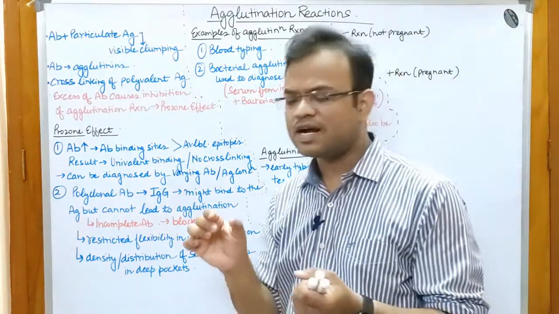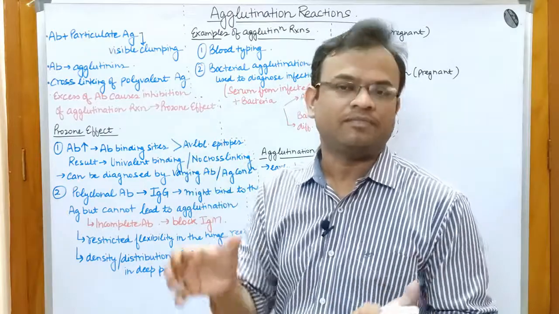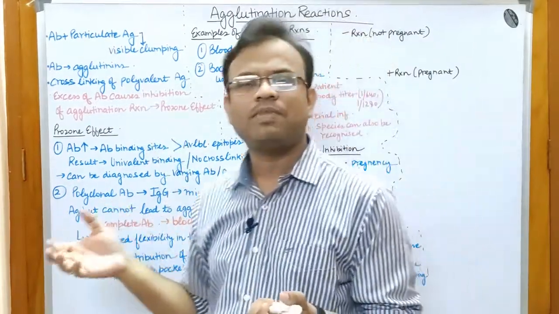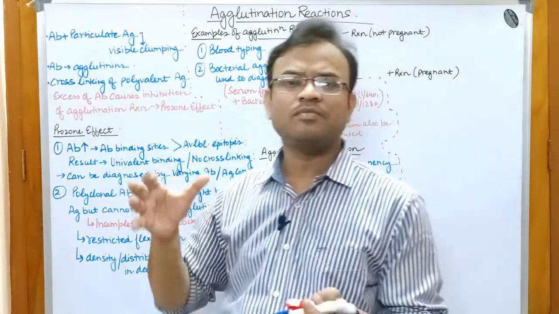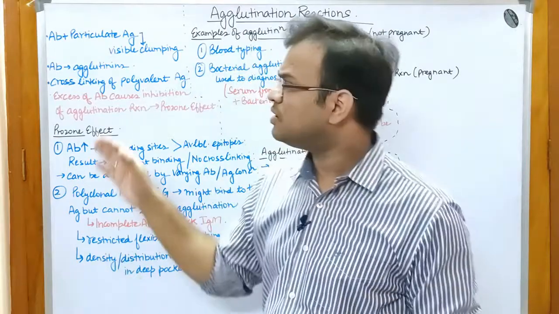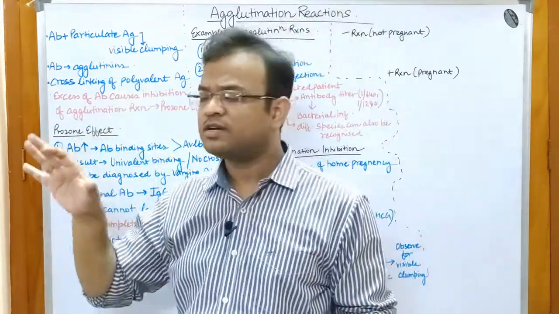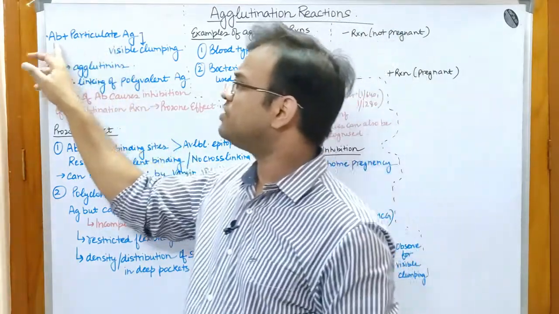Particulate simply means like a particle. Particles would not be soluble inside the aqueous environment, or in whatever environment it is present. That means it is non-soluble. Particulate form means it is not soluble.